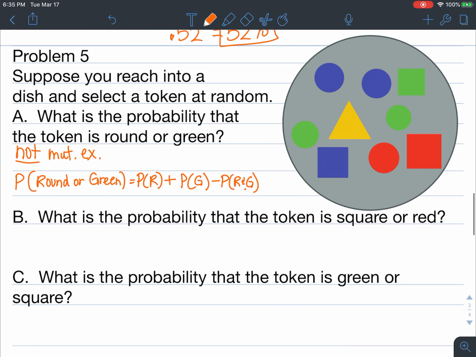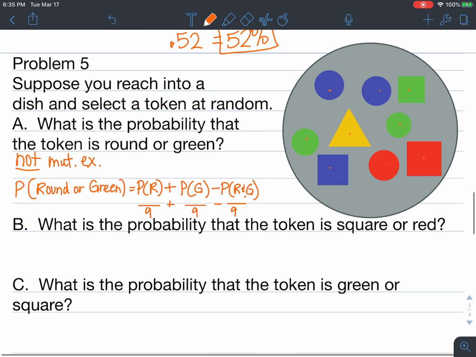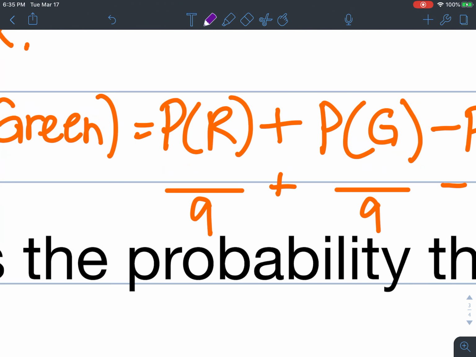So how many items are in the dish? 1, 2, 3, 4, 5, 6, 7, 8, 9. So that's my total number of possible outcomes. So the bottom of all of these fractions is going to be 9. What's the probability of being round? Well, that's 1, 2, 3, 4, 5. So the probability of being round is 5/9.